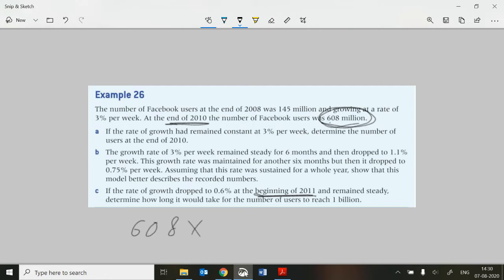The growth rate is now less than 1%. So we're going to go to 0.6%. And we want to know how many weeks it takes. So how many weeks after the start of 2011 it would take in order to reach 1 billion. So 1 billion would be 1,000 million.